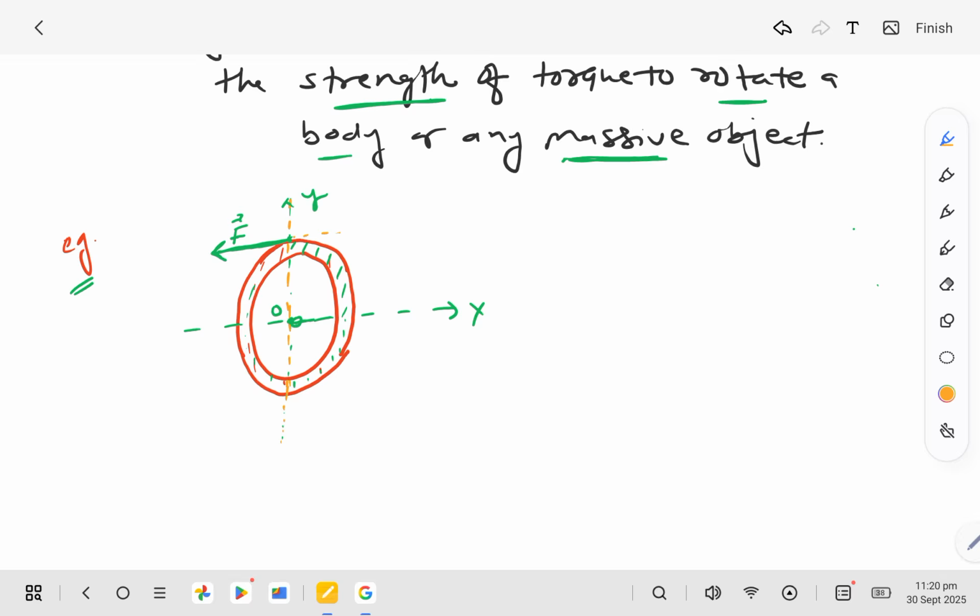So for estimating the moment, if I extend or draw the line of action of this force and then the line passing through the center, and if I draw a perpendicular from this axis to the line of action of force, and this distance is the perpendicular, then we can define the moment of this force.